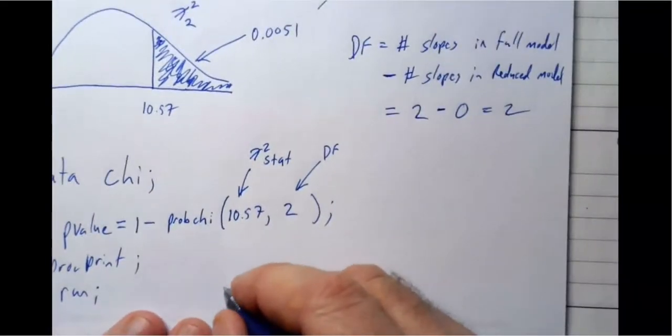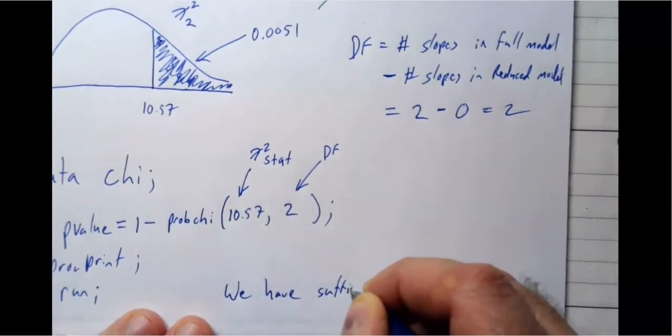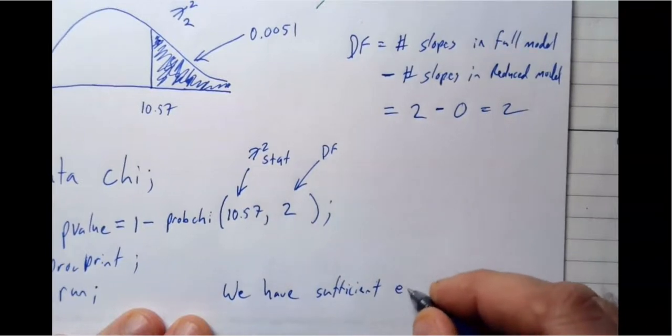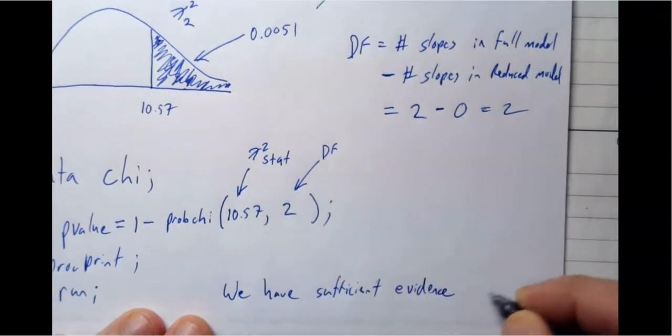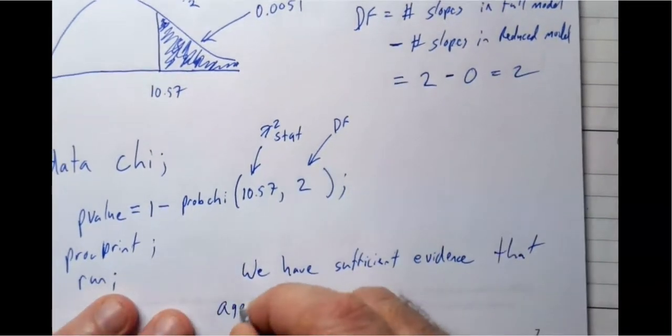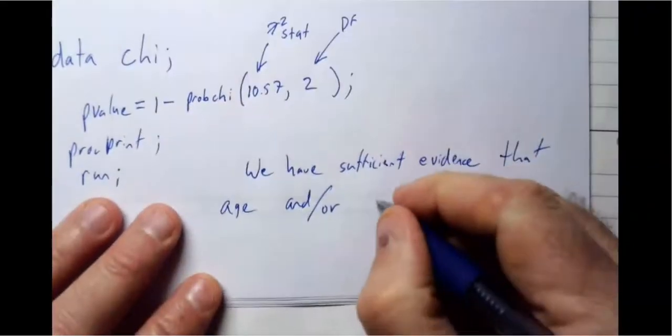So after all this, we can say we have sufficient evidence that age and/or sex is useful for predicting survival probability.